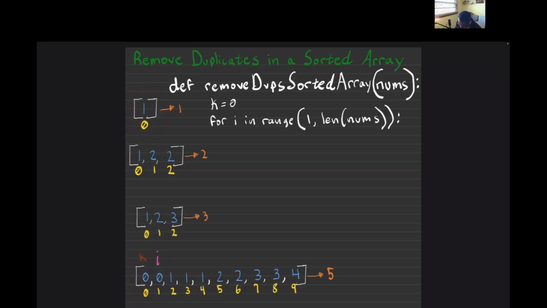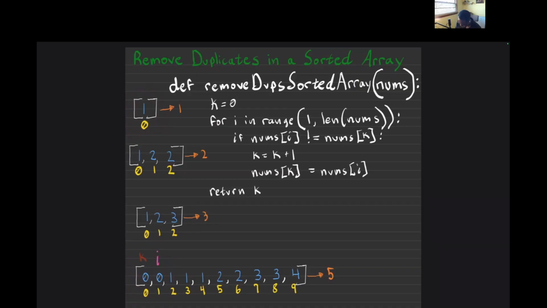If nums[i] is not equal to nums[k], we'll say k is equal to k plus 1, and then nums[k] is now equal to nums[i]. And that's about it. Once we finish with that for loop, we'll just return k plus 1.